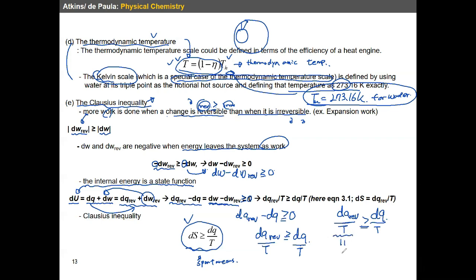This is dS in terms of the definition of entropy. So therefore, we can finally have dS greater than or equal to dq over T, and this is called the Clausius inequality.